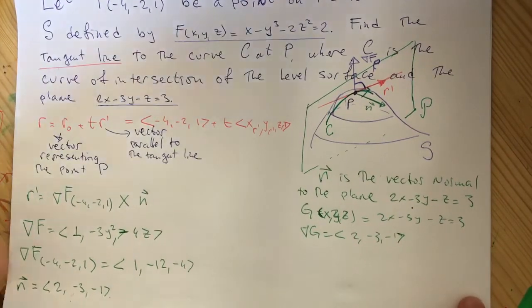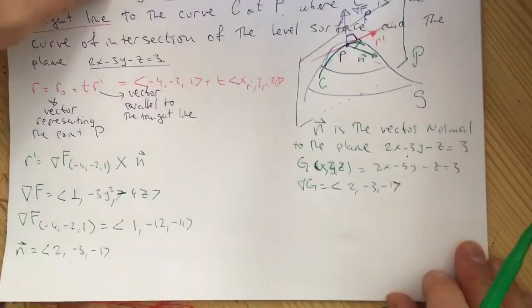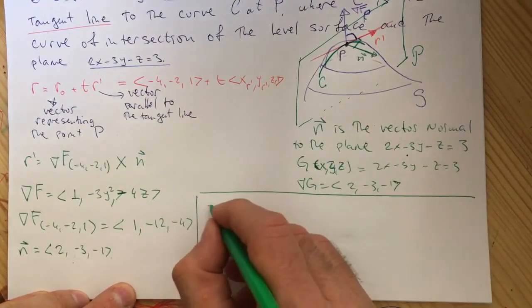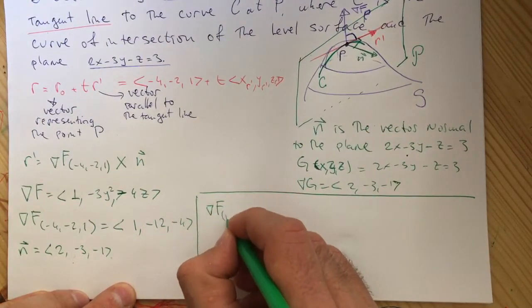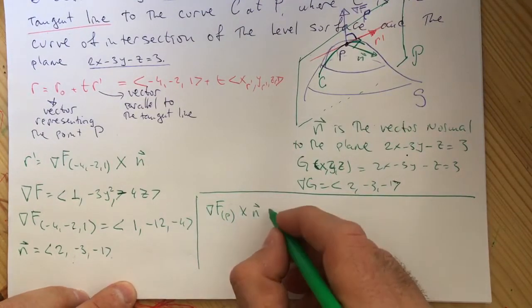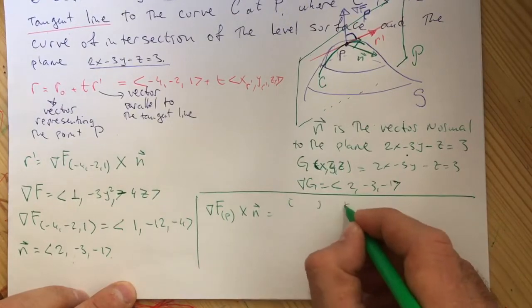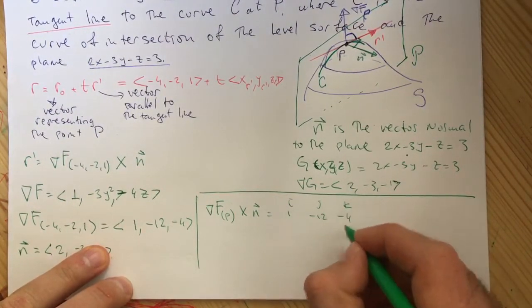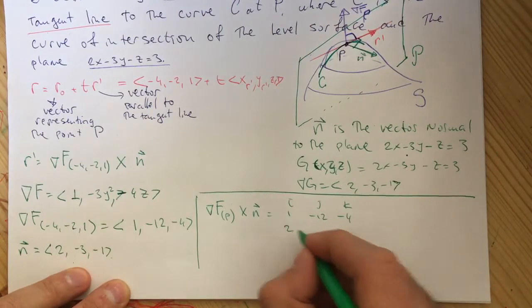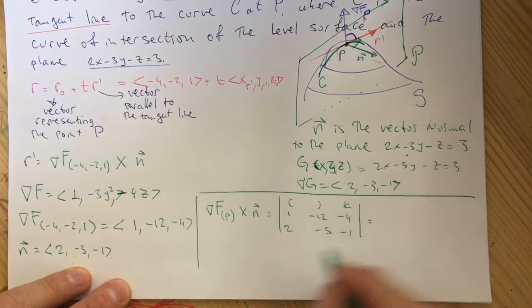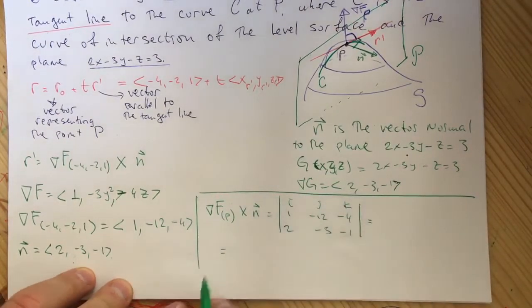Now let's find the cross product between these two vectors. The gradient of f at the point P, cross product n, is equal to the determinant with rows i, j, k; 1, -12, -4; and 2, -3, -1. We'll find this determinant by cofactor expansion along the first row.